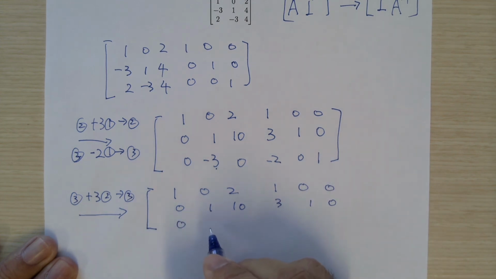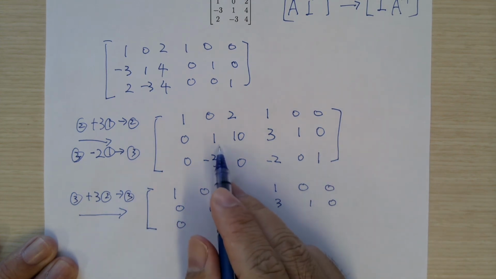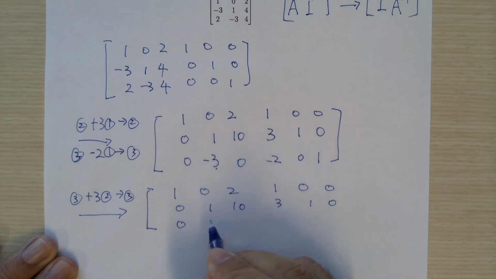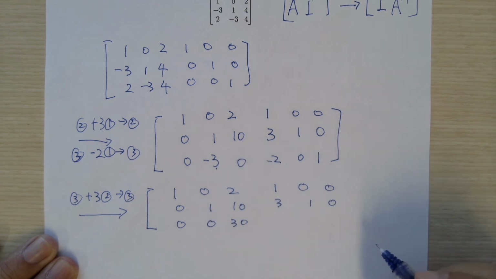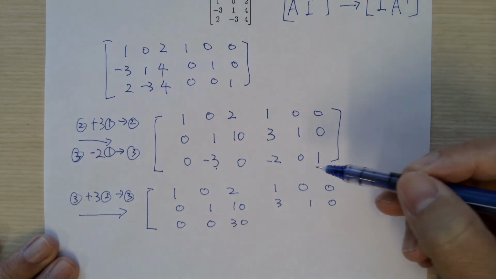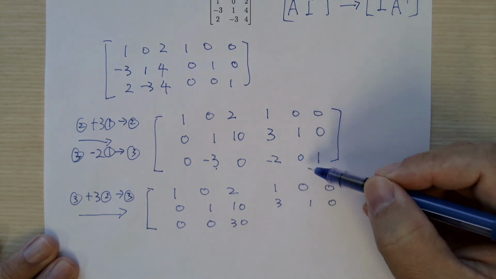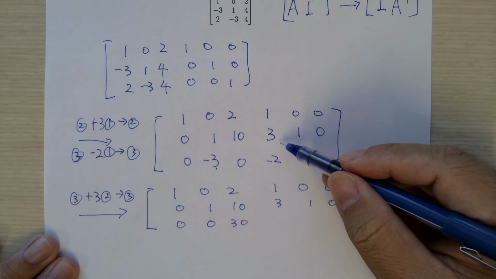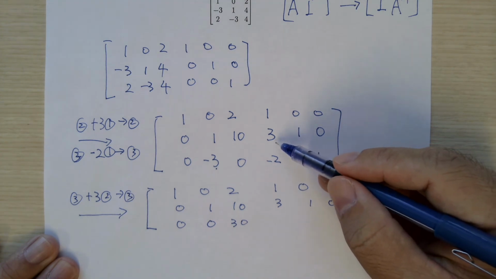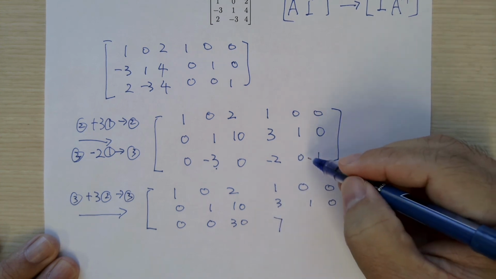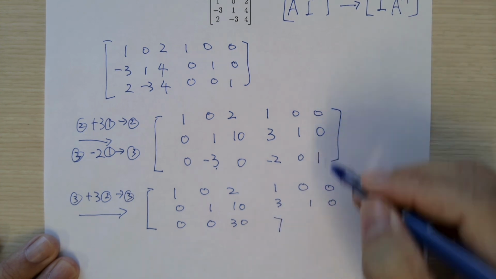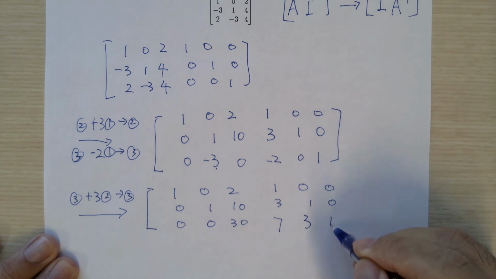So this is going to be 0. Row 3 plus 3 times row 2, so this part is 0. 3 times row 2, so this part becomes 30, okay, and then row 3 plus 3 times row 2, so this part becomes 9 minus 2, so it's a 7, and this 0 plus 3 is a 3, this part is 1, okay.